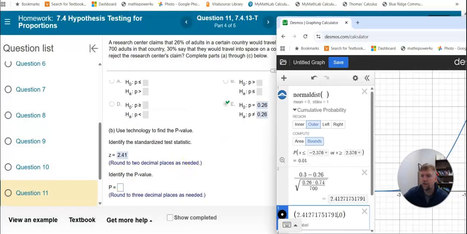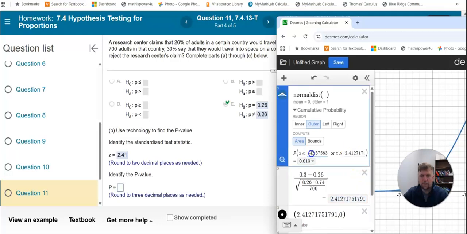The p-value we can get from the normal DIST that we did up here. We've got to go to area, because the p-value is area. And this is not equal to, so this is outer, and we're going to make the lower number the opposite of this number. The upper number will be that number. So I've got a negative right there.